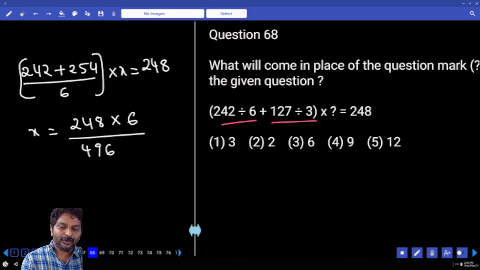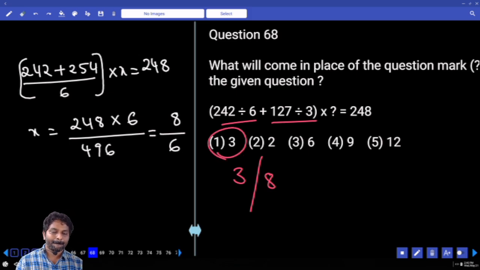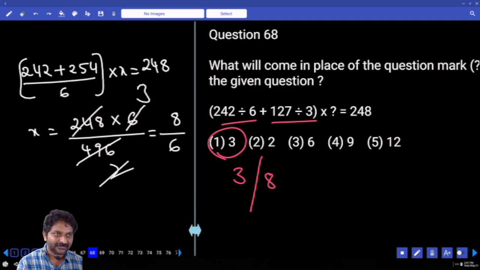Numerator ends with, denominator ends with 6 into which number ends with 8? Either 3 or 8. Which one? Otherwise this is 2 times, this is 3 times. Direct answer.